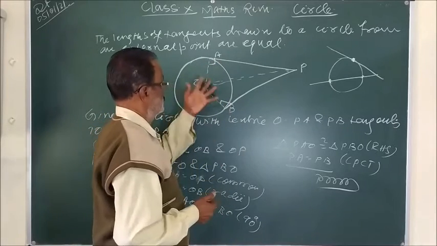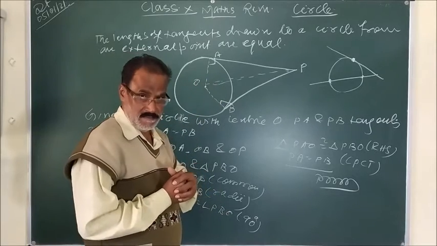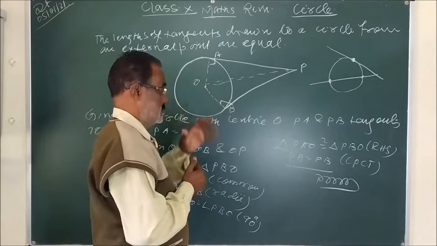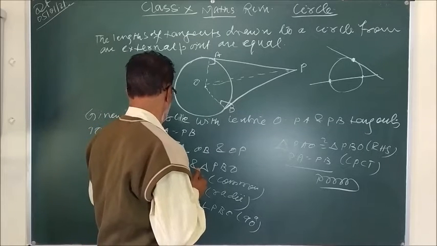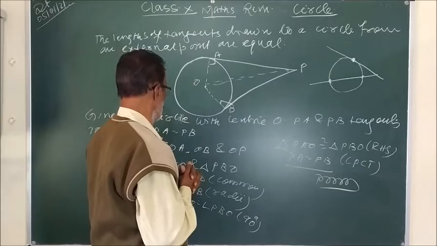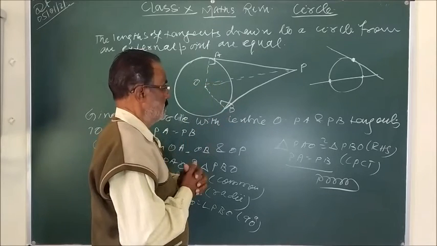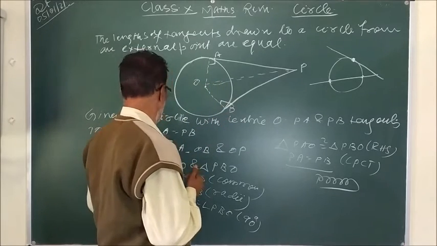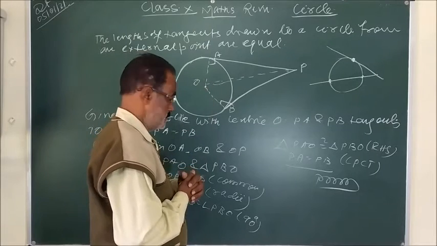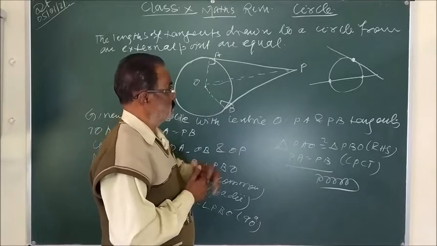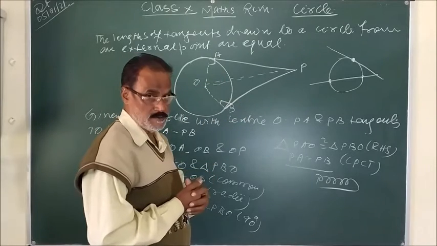This indicates this is the extra construction to prove the theorem. So, given a circle with center O, PA and PB are tangents, and you have to prove PA is equal to PB, the length of tangents. If PA is equal to 6 cm, then PB will also be 6.